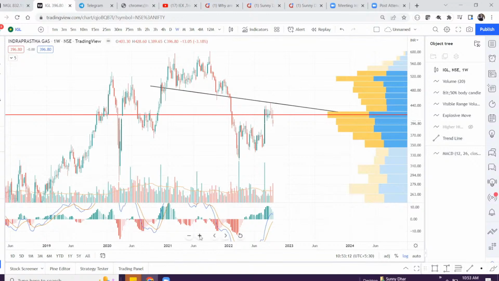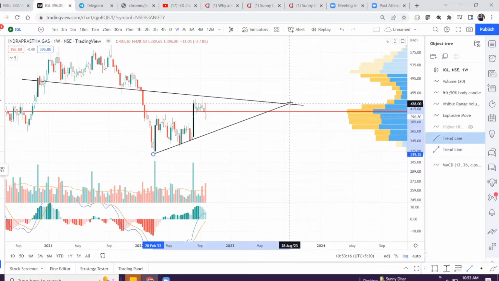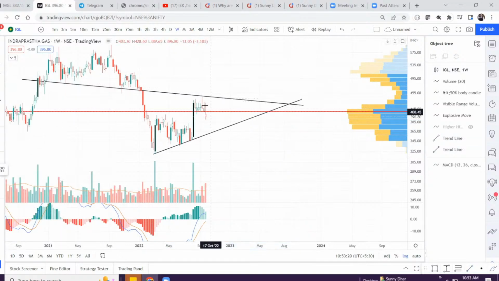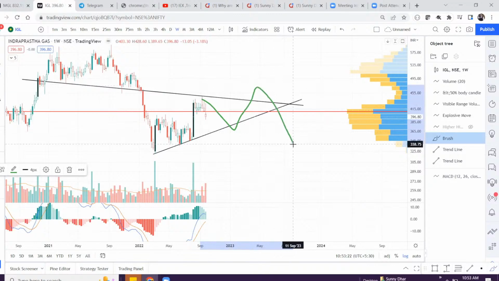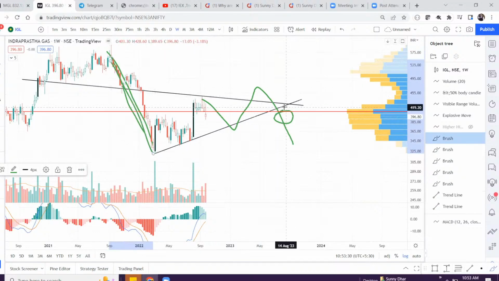Now, what are the possibilities? If you draw a trend line from this point to this point, this correction will be over once you get a break below this. And that is the time when you can expect the impulsive move down from this level.